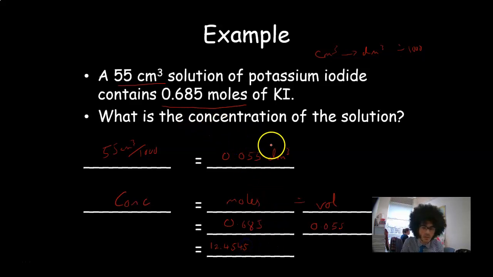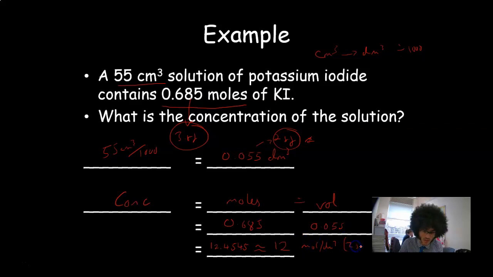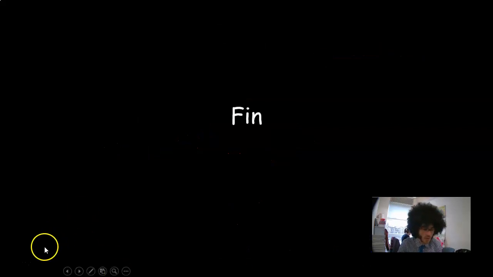Now, if I look at my numbers, this is two significant figures. This is three significant figures. I have to go with the lowest number, which is 2. So I have to round this to 12 moles per decimeter cubed, and I'd write in brackets 2 significant figures. Okay, and that's it. I hope that was useful, and best of luck with your calculations on concentration.